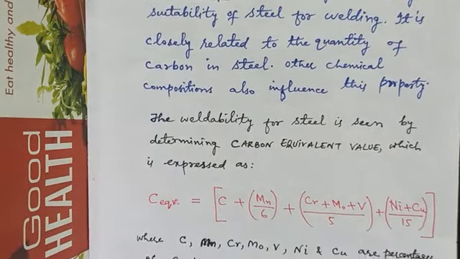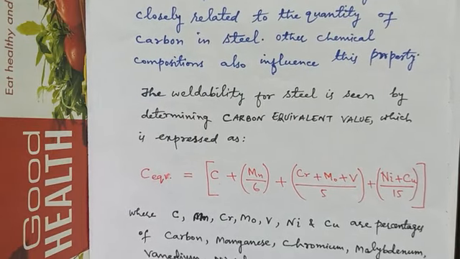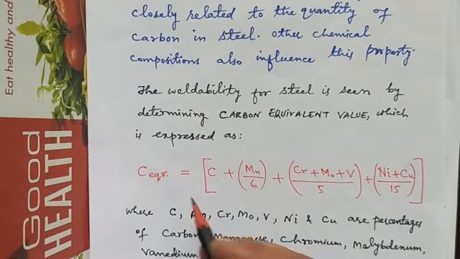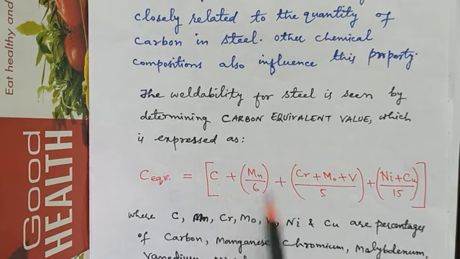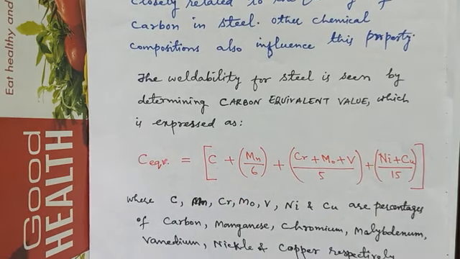As you can see, this carbon equivalent is given by this relation, where C, Mn, Cr, Mo, V, Ni and Cu are percentages of carbon, manganese, chromium, molybdenum, vanadium, nickel and copper respectively.